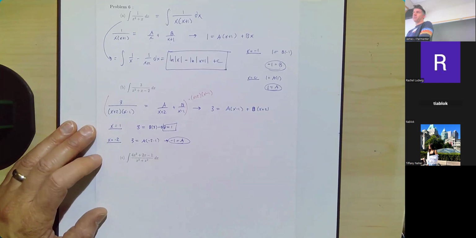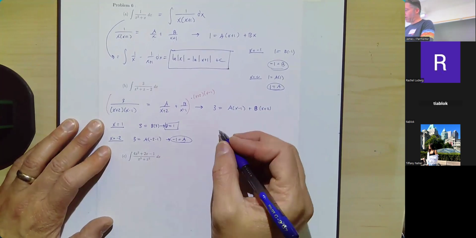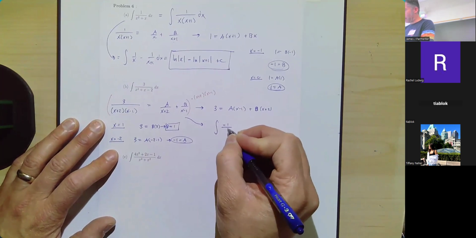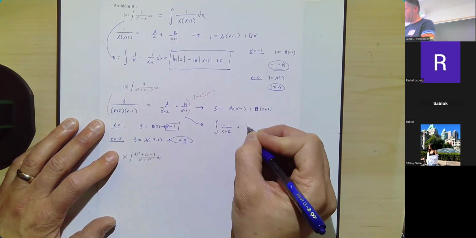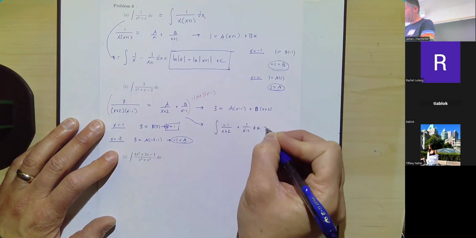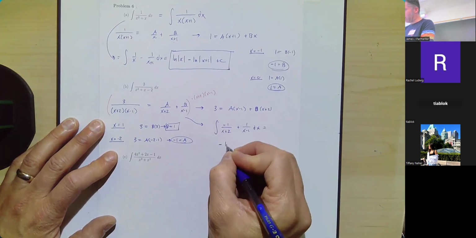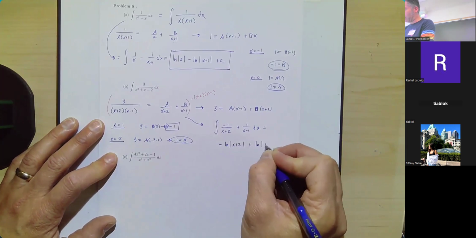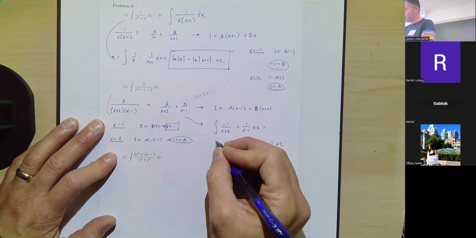How nice. So then our integral is going to be the integral of -1 over x plus 2 plus 1 over x minus 1, which is going to equal negative natural log of the absolute value of x plus 2 plus the natural log of the absolute value of x minus 1. Let's see.